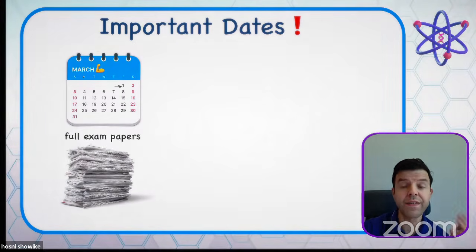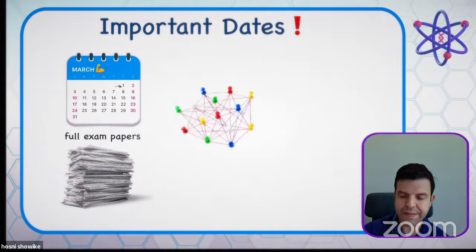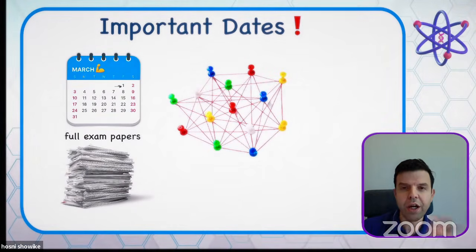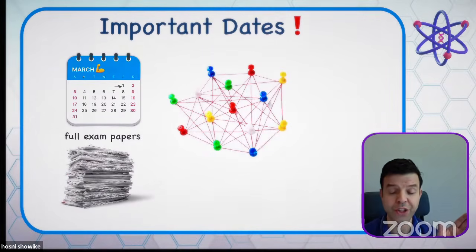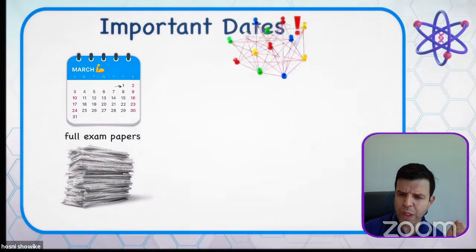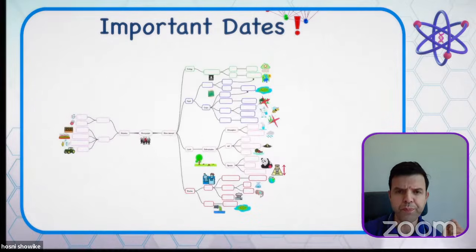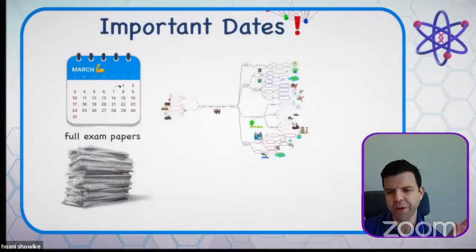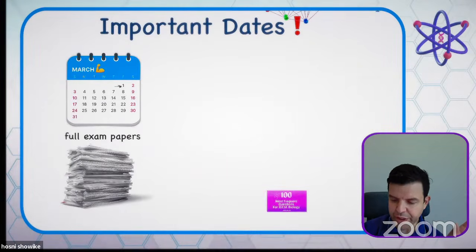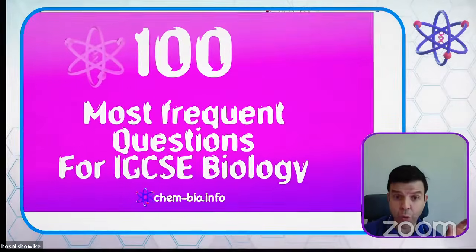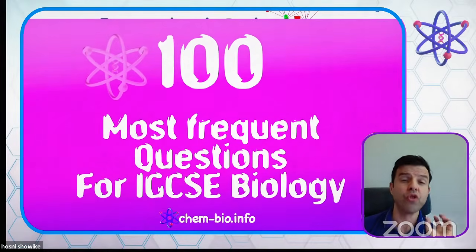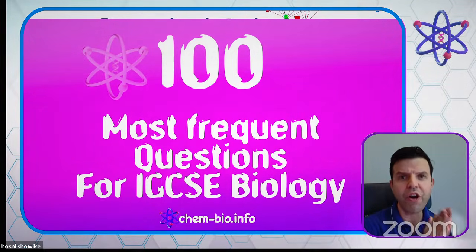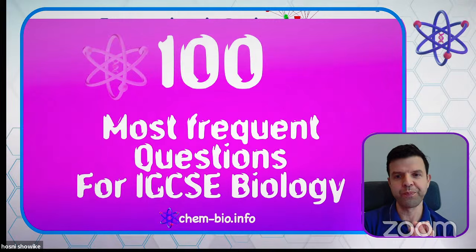One class is solving full exam papers, and the second one is meant to revise, meaning we're gonna link up all the topics we studied during the year. Usually we do this through mind maps, like connecting all the topics together. Plus, every year we solve 100 questions. Those 100 questions usually are the ones that are most repetitive, meaning they're very likely to come on your exam.